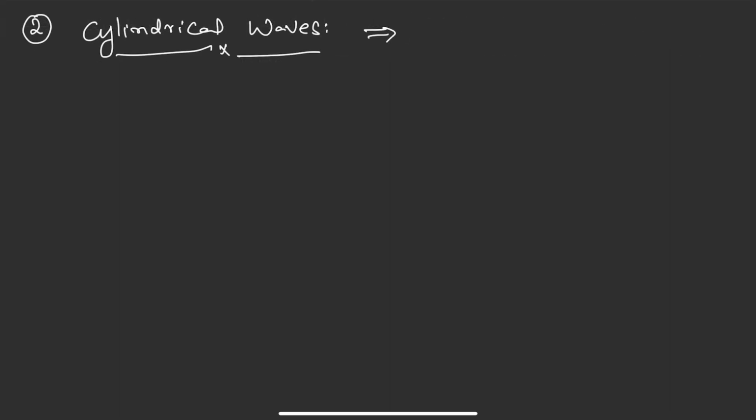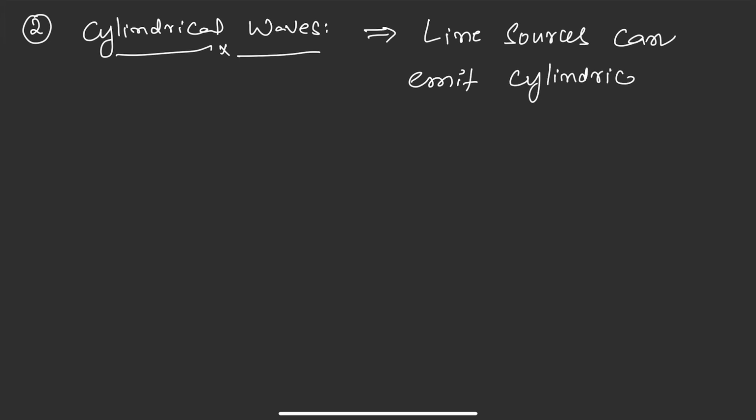Now cylindrical waves. Line sources can emit cylindrical waves, like a tube light. This is a line source.